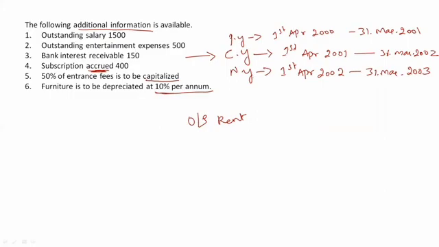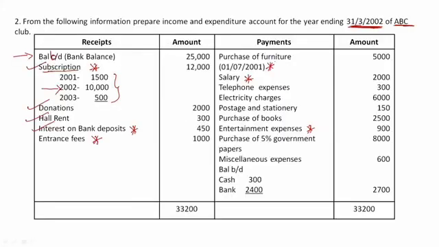So rate of depreciation is given 10% per annum, and there is also a date given here. It is mentioned when the furniture was purchased. It was purchased on 1/7/2001. It's nothing but 1st of July 2001. So we need to consider the date also.